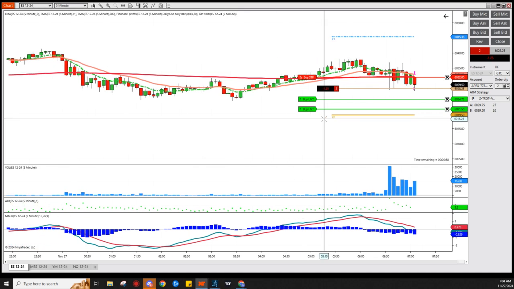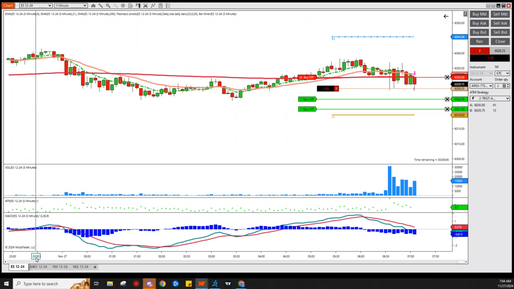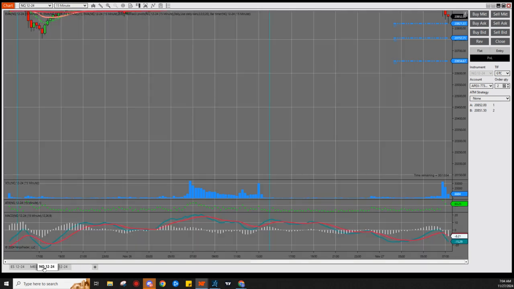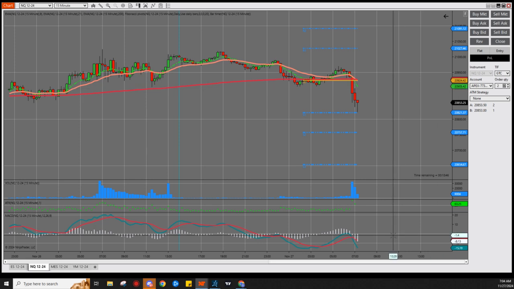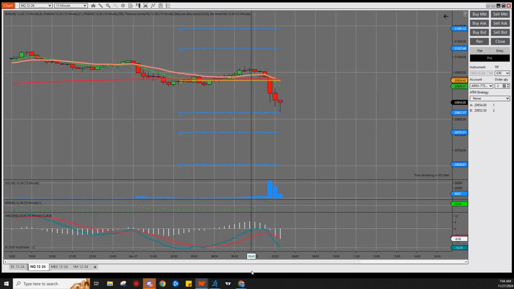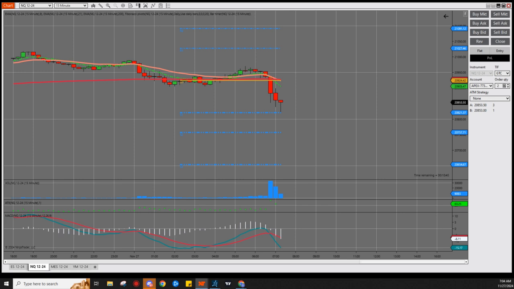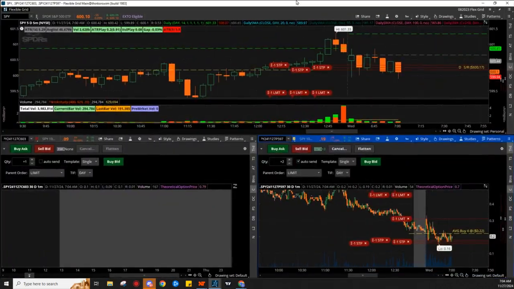Yeah, the Nasdaq's moving better than the ES for sure. The Nasdaq's also right at the 830, and I would be looking to exit the Nasdaq here, to be honest. It would be the way to exit if you're approaching the 20 SMA.